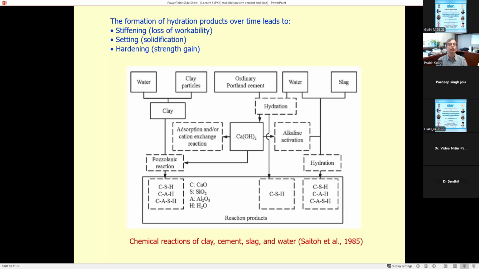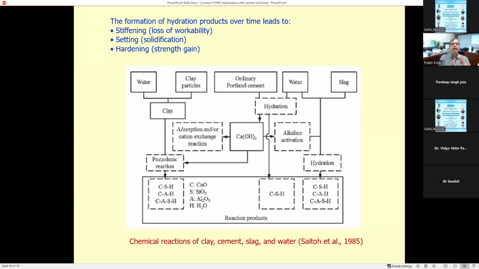And how do you know what type of mineral is formed? You need to do X-ray diffraction analysis. You pass the X-ray and see the intensity, and you need to find the 2 theta using Bragg's law, n lambda equals 2d sine theta. From there you can find the 2 theta and what peaks are formed. This is fixed for a particular mineral. So you need to use the JCPDS search-match program.